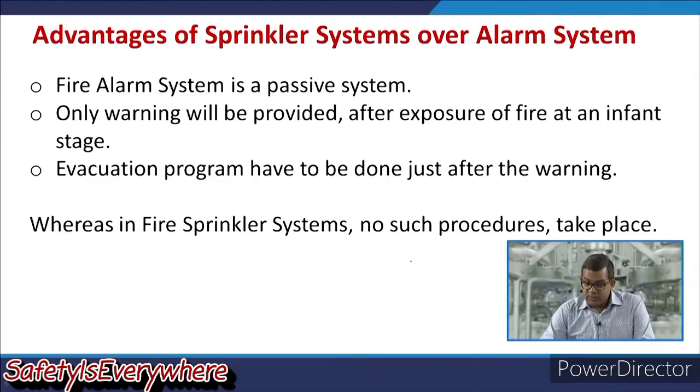So this is a passive system and you need to follow certain guidelines, because it does not provide any kind of support to extinguish the fire or to remove any arm of the fire triangle. Whereas in the fire sprinkler system, no such procedure is needed. So that's why they have an edge over the alarm system.